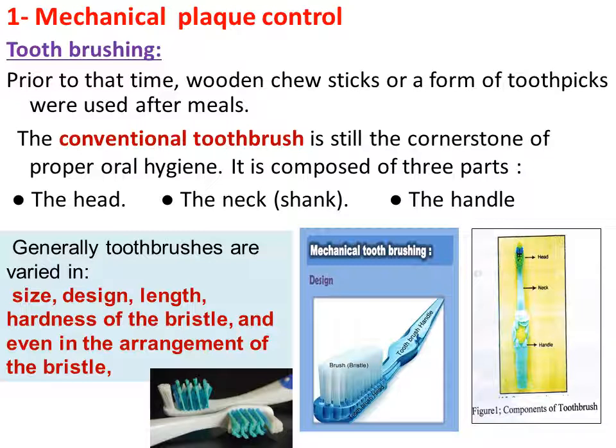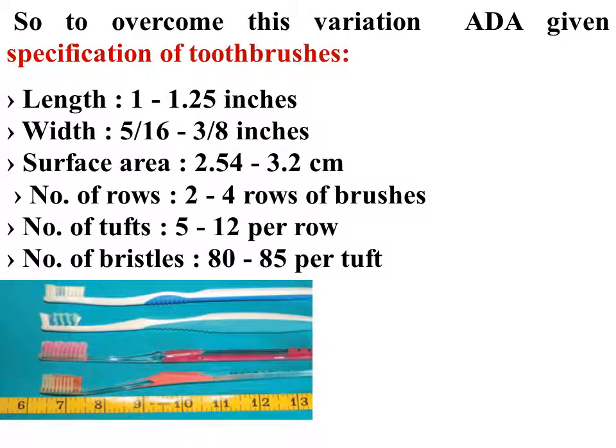Generally, toothbrushes vary in size, design, length, hardness of the bristle, and even in the arrangement of the bristle. So, to overcome this variation, the American Dental Association gave specifications of toothbrush measurements in the following ranges.